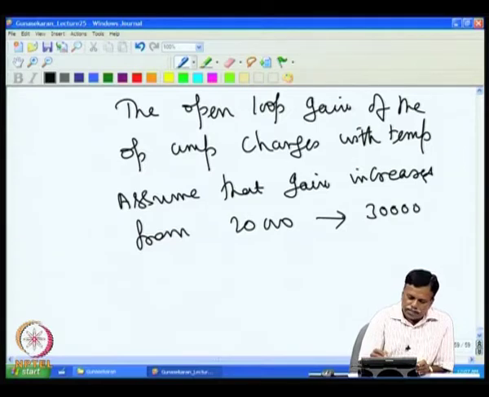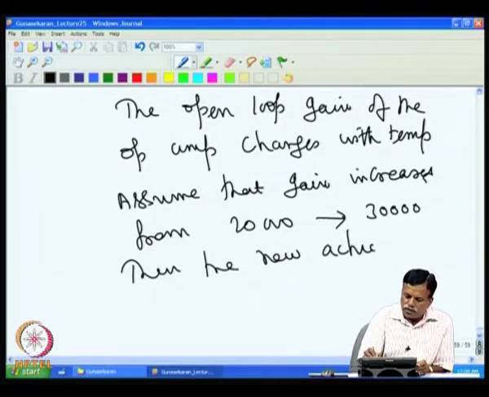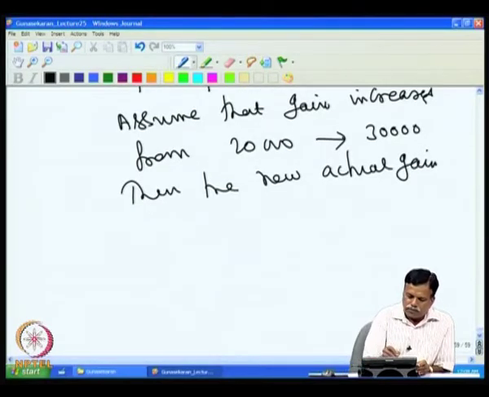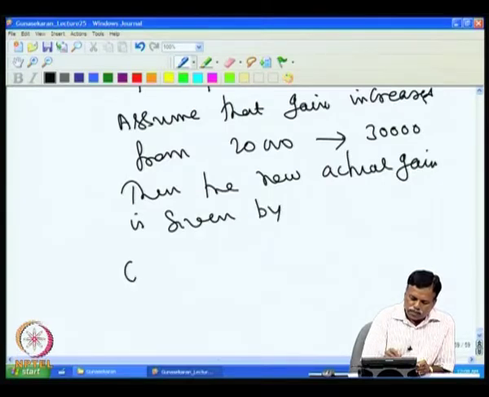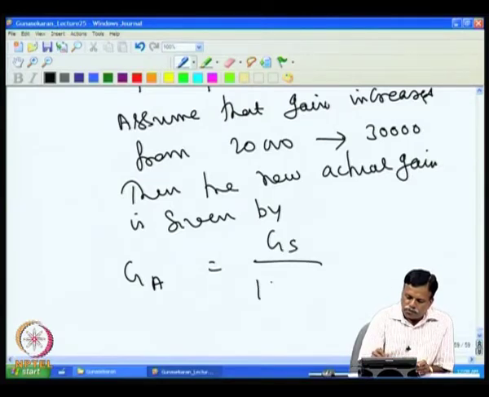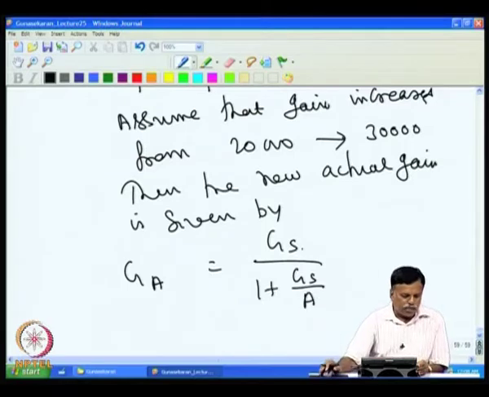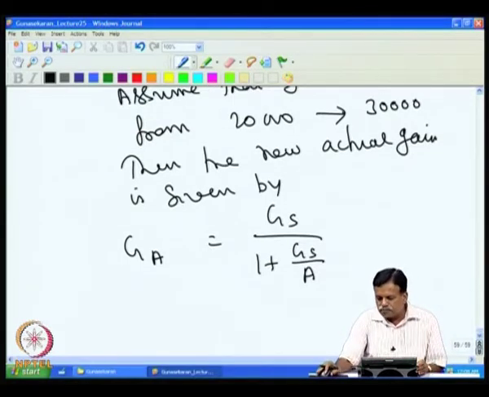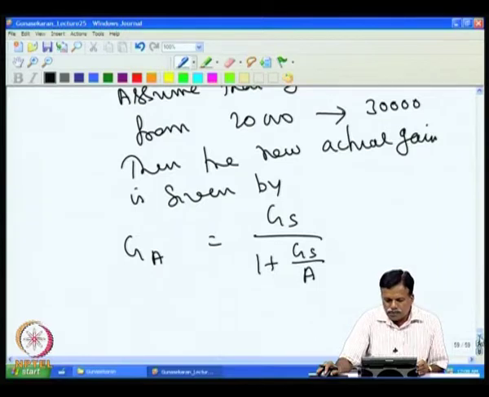Then if I calculate the new actual gain, it is given by gain set divided by 1 plus gain set divided by A. We apply this now.